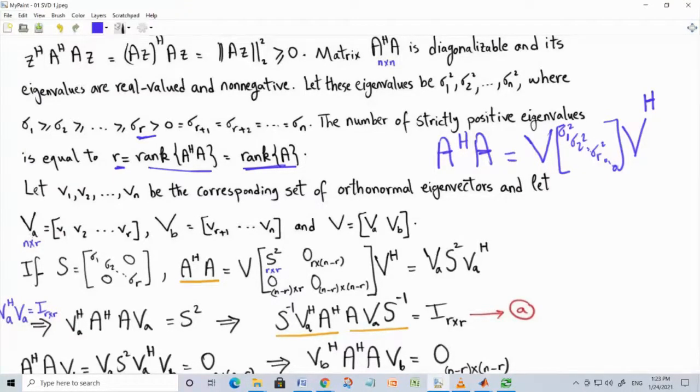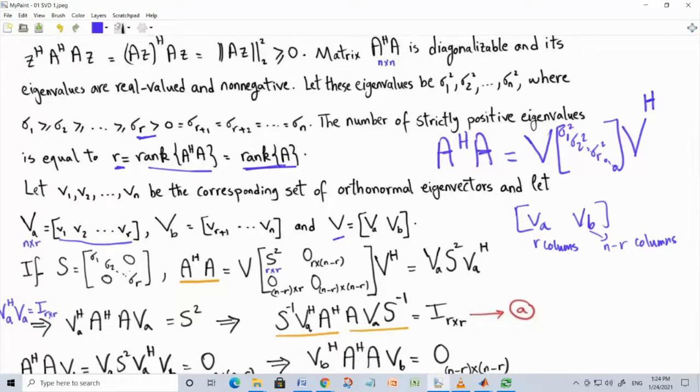V sub A contains the eigenvectors corresponding to the strictly positive eigenvalues, and V sub B will be the remaining eigenvectors, corresponding to the 0 eigenvalues of A Hermitian A. So now V can be written as VA, with r columns, and then VB, with n minus r columns.